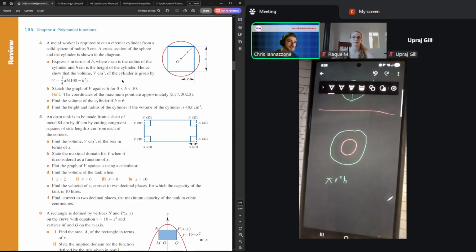So yeah, the first goal is going to be to figure out how we're going to get r in terms of h here. Once you do that, the rest of it should fall in place.